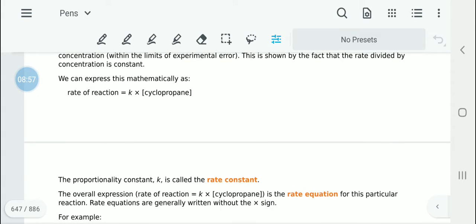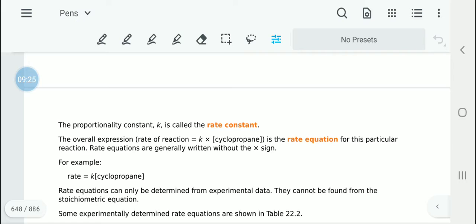So then we can put this into an equation. Rate of reaction equals k into cyclopropane concentration. Because the rate of the reaction is directly proportional to cyclopropane concentration, we can write it as rate of the reaction is equal to k into cyclopropane. k is the rate constant.